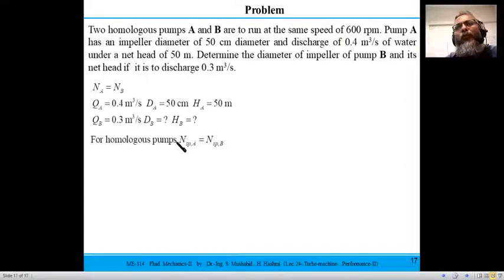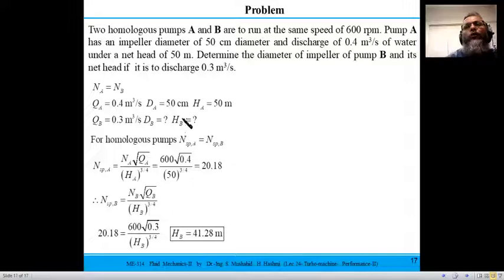When you say homologous, it means the specific speed for pump A is the same as the specific speed for pump B. I have the formula for specific speed, which is RPM times the square root of the flow rate, over the head, so I get the specific speed of pump A. Here I just know the speed of pump B and the volume flow rate of pump B. I can easily work out the head of pump B because the two pumps are homologous, meaning their specific speeds are identical.